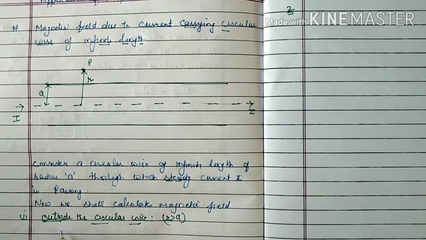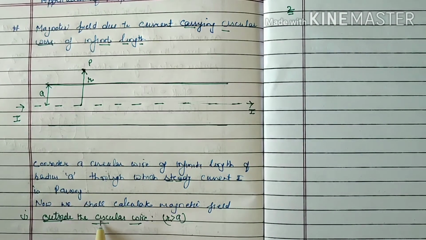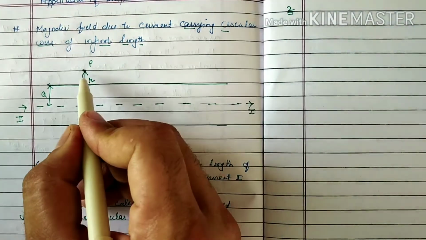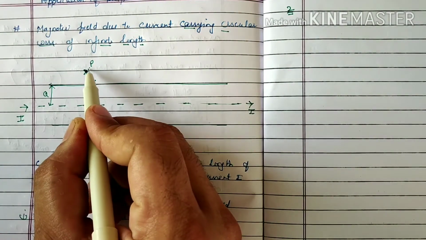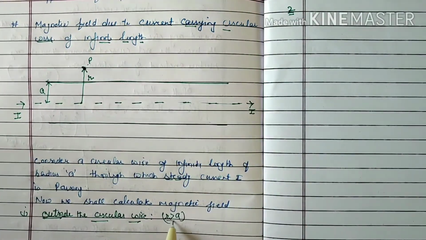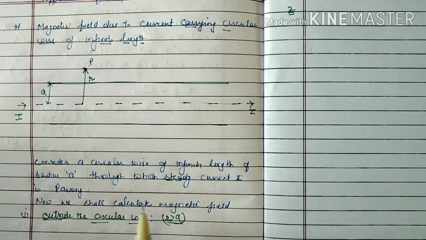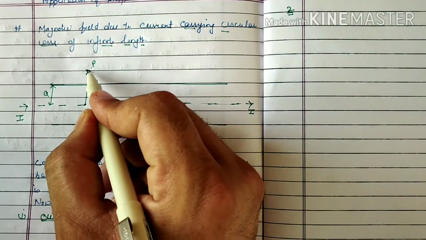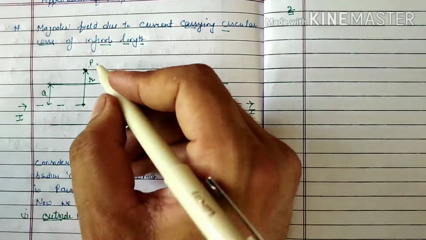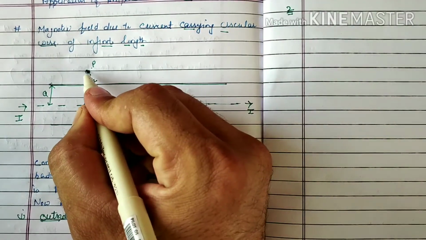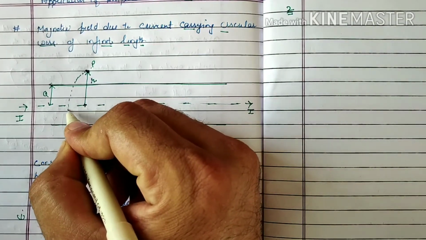First of all, we are going to study the magnetic field outside the circular wire. For that, we take a point P outside the conductor, for which r is greater than a, where r is the distance of this observation point from the axis or center of the conductor. According to Ampere's circuital law, we first have to draw an Amperian loop.